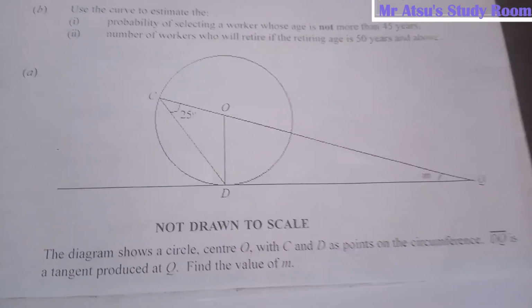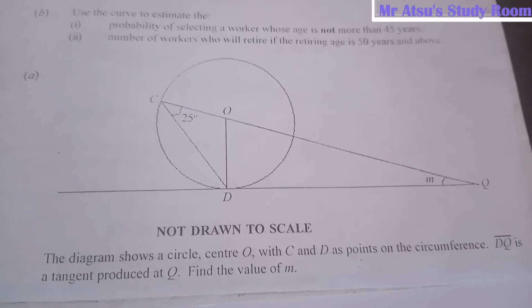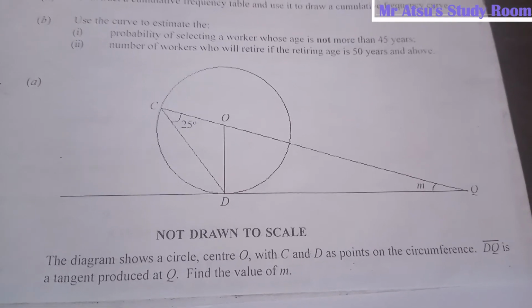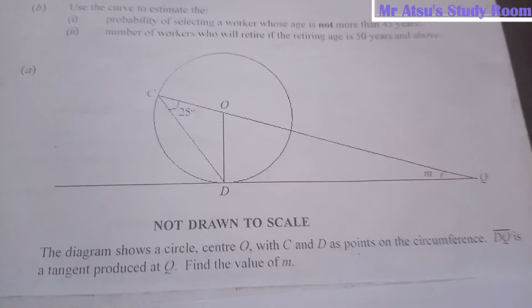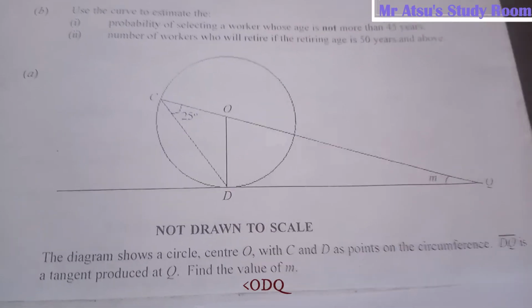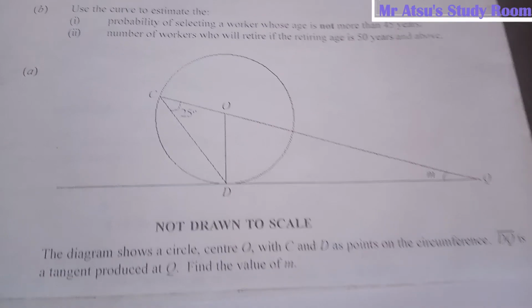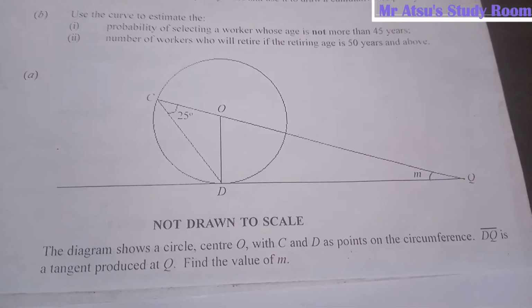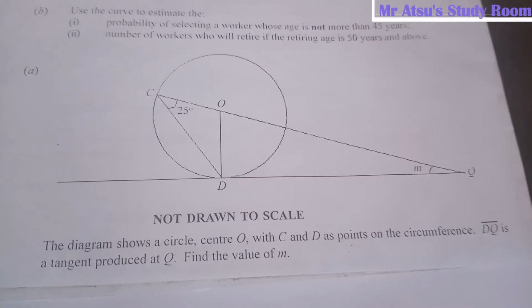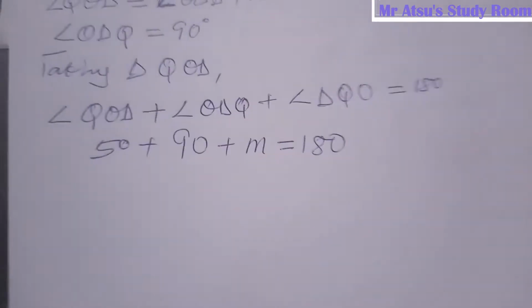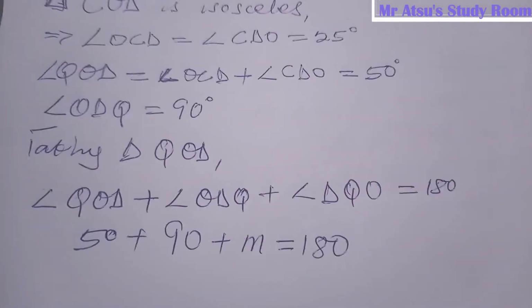Now we've established that angle QOD is 50 degrees plus 90 degrees plus DQO is M. That should give us 180 degrees. Good. Now let's come to this now.